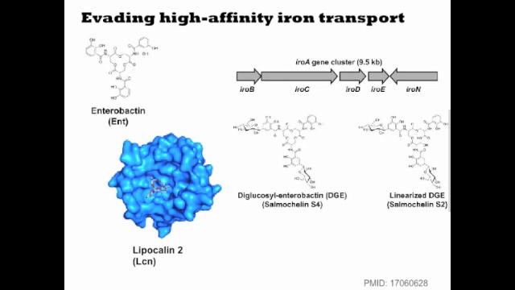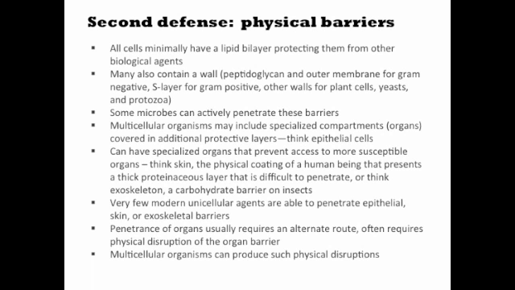Okay. So the second major defense that biological systems use against microbes is physical barriers. Minimally, you have the lipid bilayer that is preventing things from directly getting at the cytoplasm. So that's a barrier you have to get past somehow. Many also have a wall.